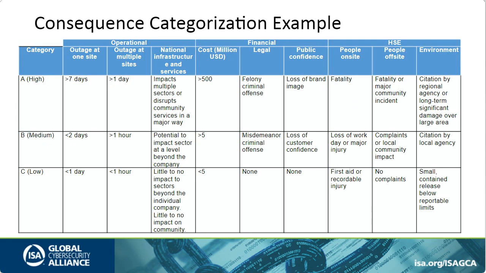Now let's look at the consequence part of risk. This is an excerpt out of 62443-3-2. It documents a range of consequences from lower severity to high severity for some of the different risk categories that one might be concerned with. This is simply an example.